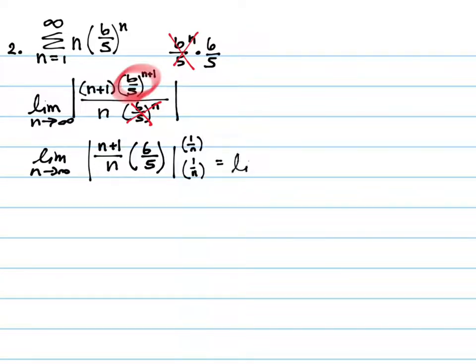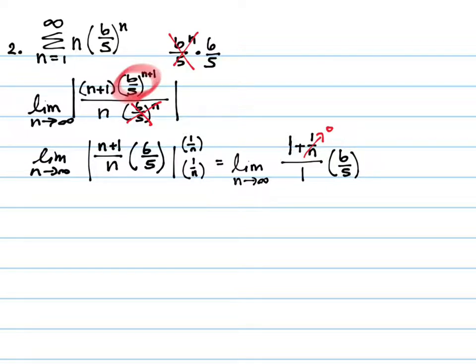So our limit as n goes to infinity would have, which one's on top? 1 plus 1 over n over 1 times 6/5. I'll go ahead and leave off my absolute values since I don't need them. But the 1 over n goes to 0. But then I've got the 6/5 at the end, so that gets multiplied.